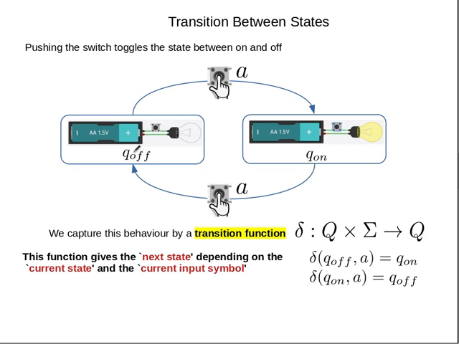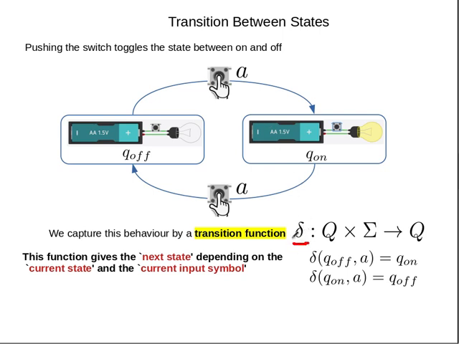So this system, in a very abstract sense, is jumping between these two states, triggered by this action which we encoded as the symbol A, right? So this behavior can be encoded by a function.